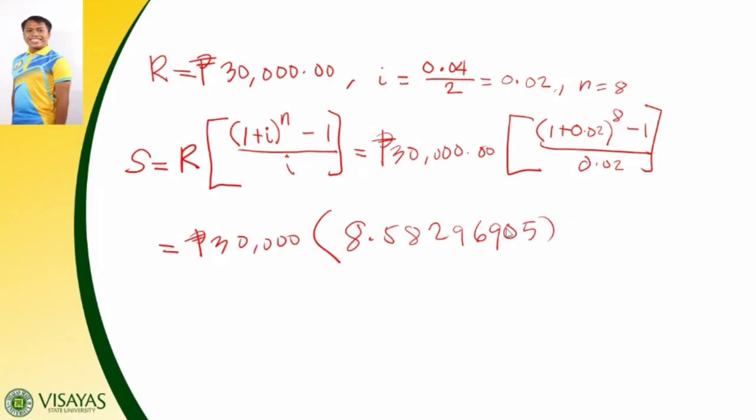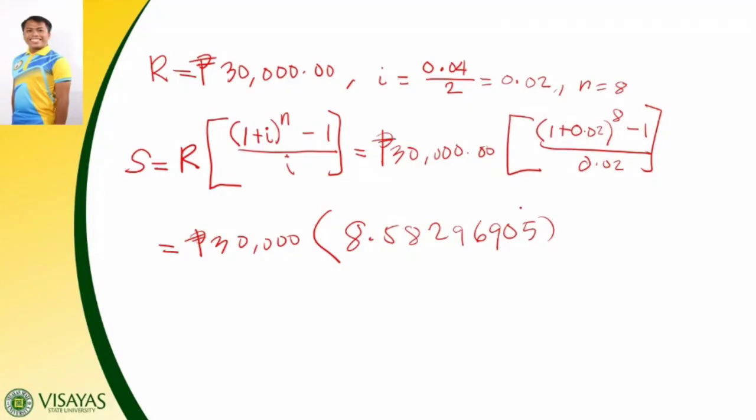Just check if sakto ang akong computation. I hope the same ang computation sa calculator. So, 1.02 raised to the power of 8 minus 1 divided by 0.02 is 8.58296905.